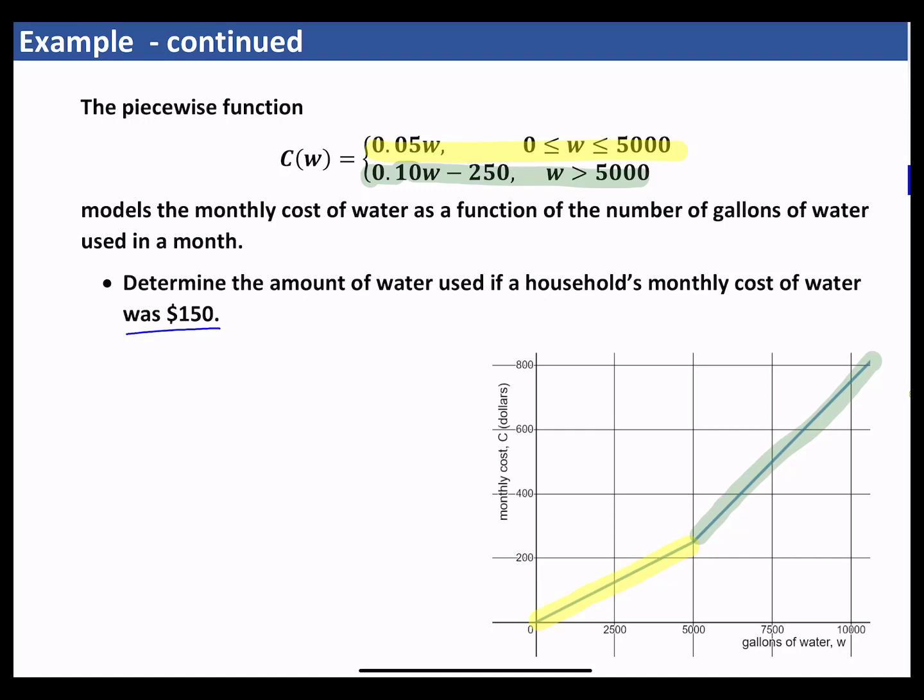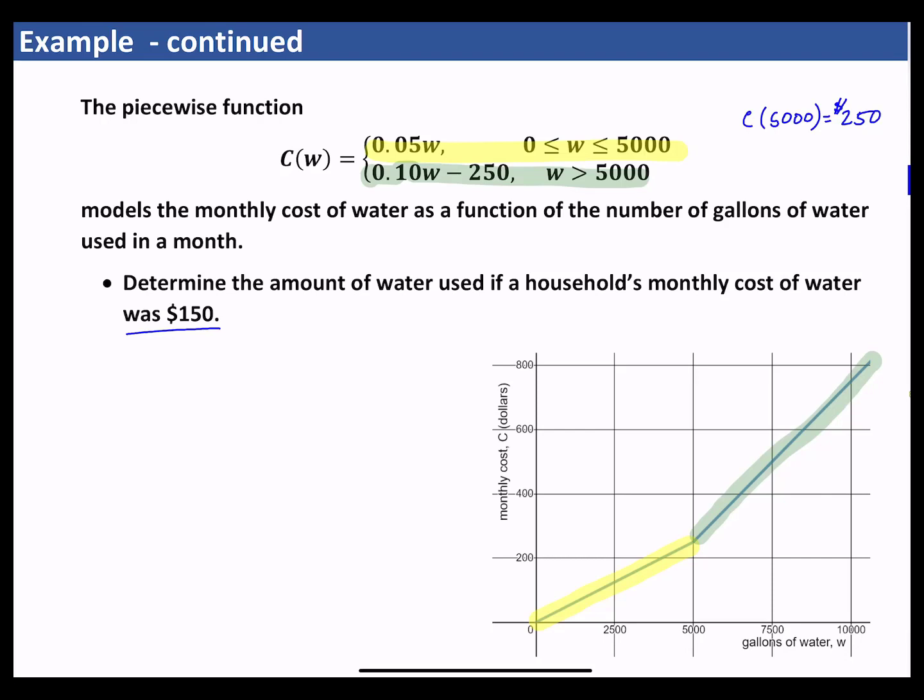Well, remember that C of 5,000, so 5,000 gallons of water, corresponded to a monthly cost of $250. And we're interested in finding the amount of water used when the monthly cost was $150, which is less than $250.